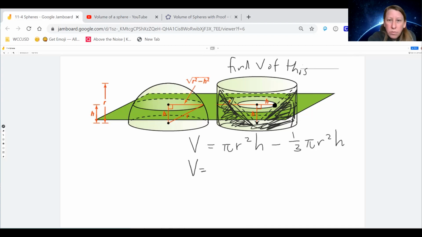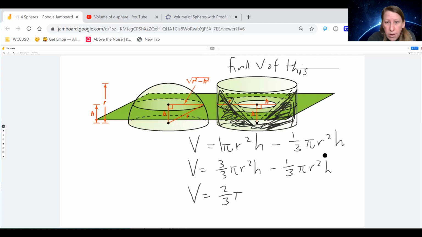So the volume is, I mean, there's a lot of ways to do this. I'm going to just say 3/3 pi r squared h minus 1/3 pi r squared h. 3/3 is 1. So basically we have 1 full cylinder minus the cone inside of it. And that's going to give us 2/3 pi r squared h.